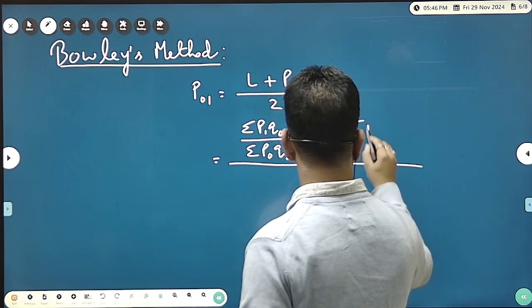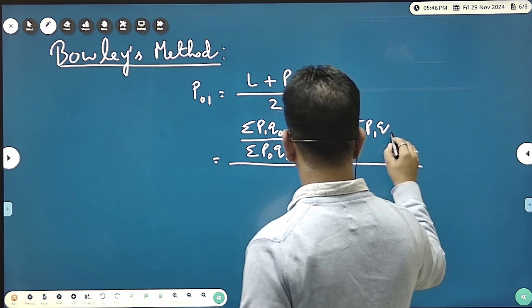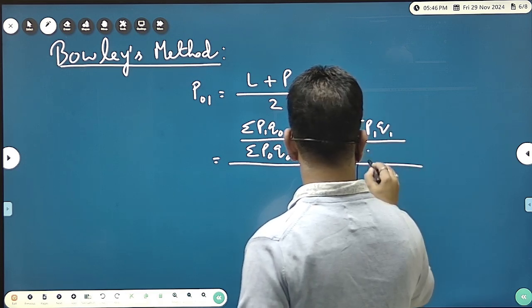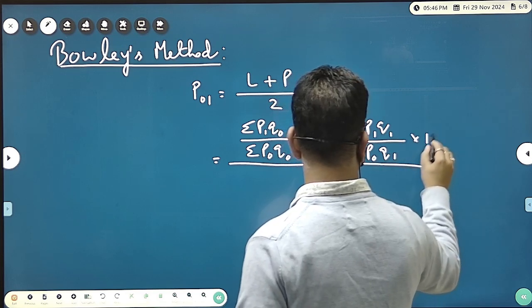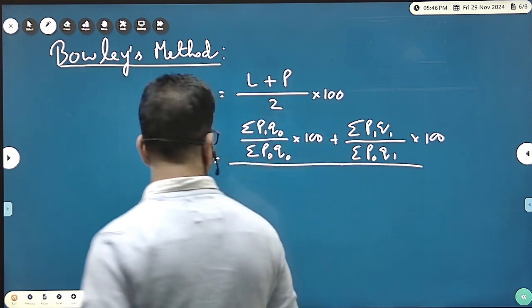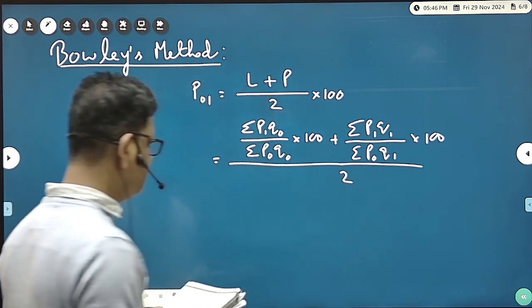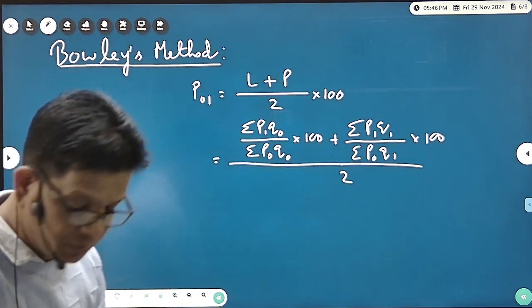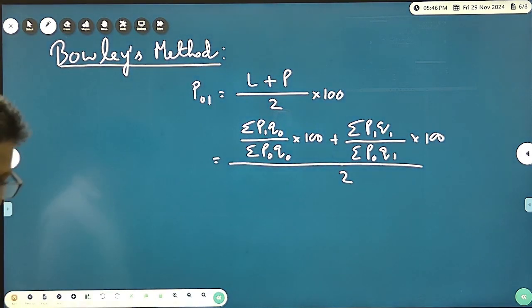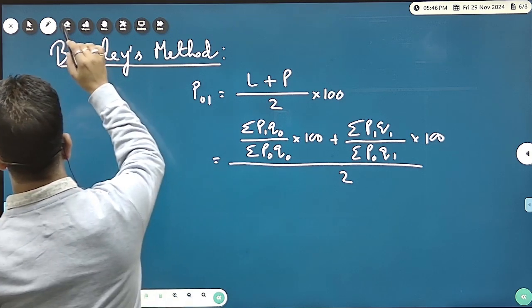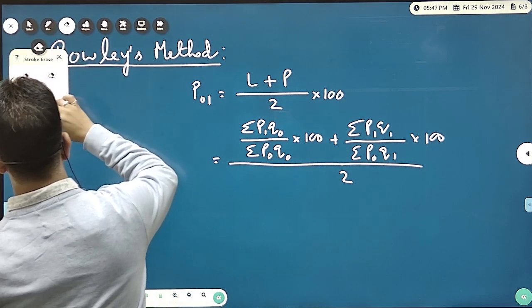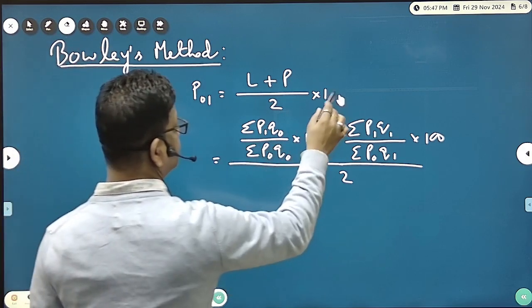Summation of P1 Q1 divided by summation of P0 Q1 into 100, whole divided by 2. Okay. Now in both, what is common? 100 is common. Actually, just a minute. In the book it is written wrong. Just a minute. This 100 is not there right now.